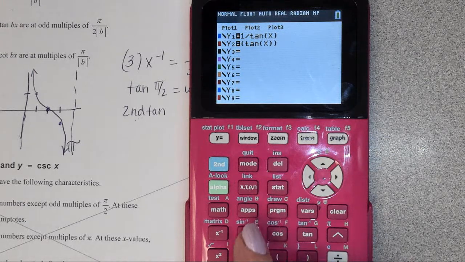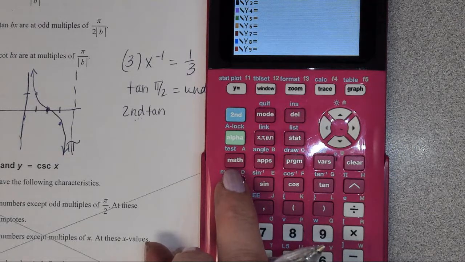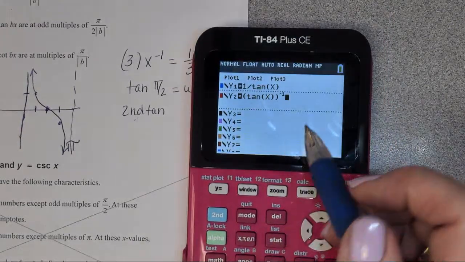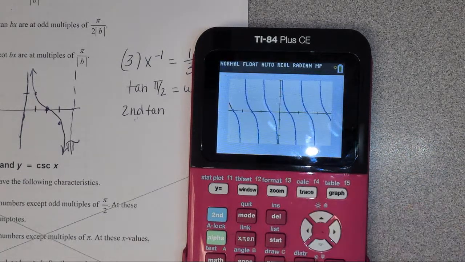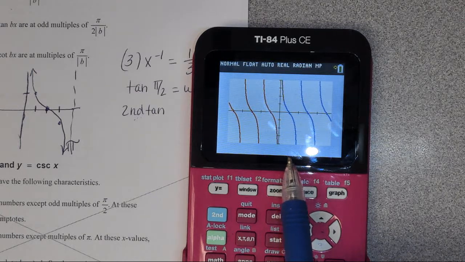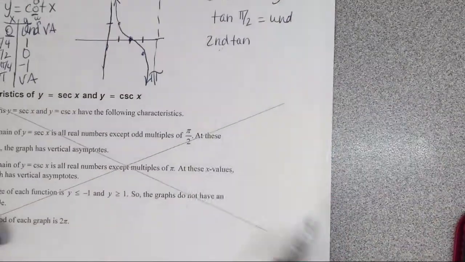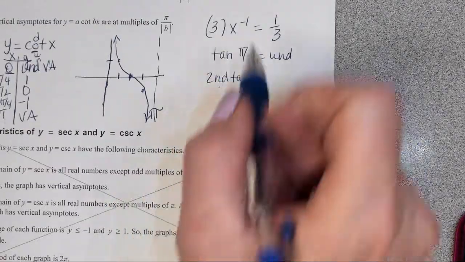What button would I have to push to flip this whole thing over? I wouldn't even advise you do this, but it's x to the -1. X to the -1 would actually take this function and do the reciprocal, the exact same thing as there. So now see how it's going right over top of it? See what I mean? They mean two different things. Second tan versus the reciprocal, which is this button.